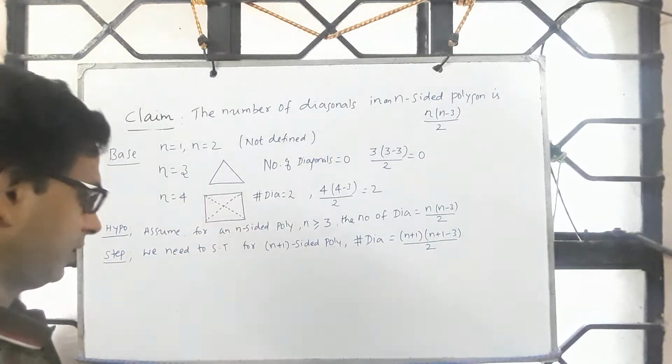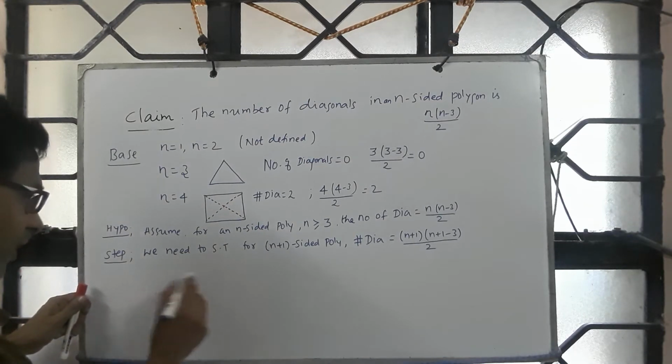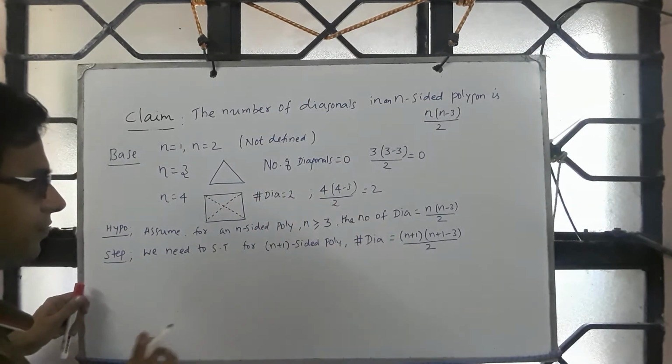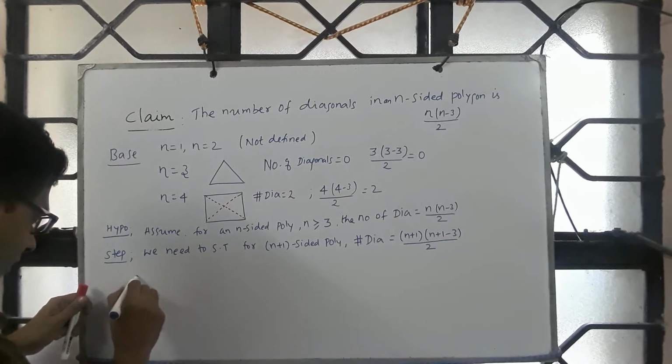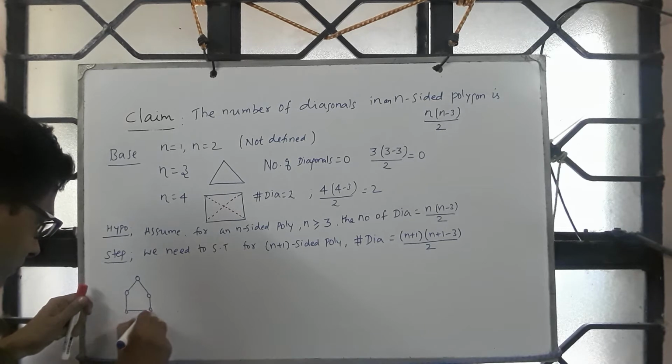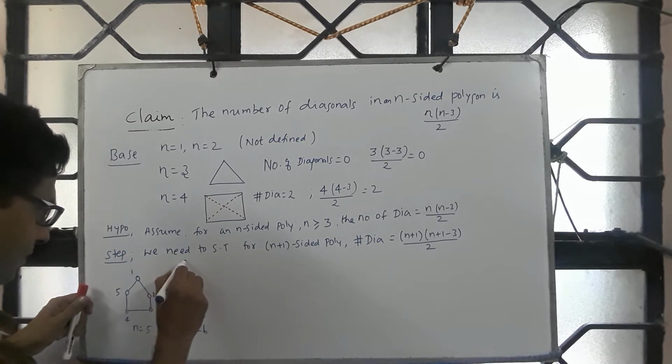Fine? Okay. Listen. To prove this, I need to make use of the hypothesis. Listen carefully. So, you have an n-sided polygon, something like this, 1, 2, 3, 4, 5. Say n is equal to 5. From this you construct n plus 1, which is 6.